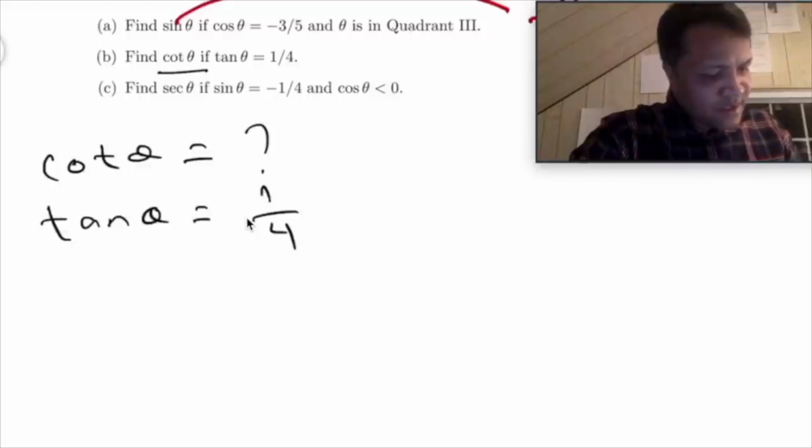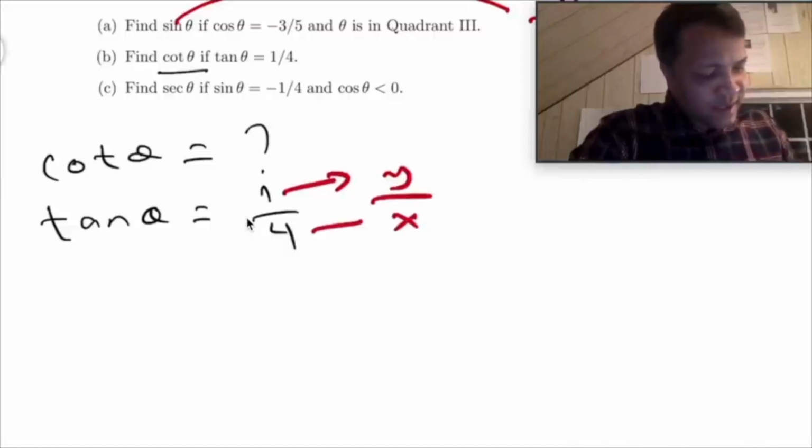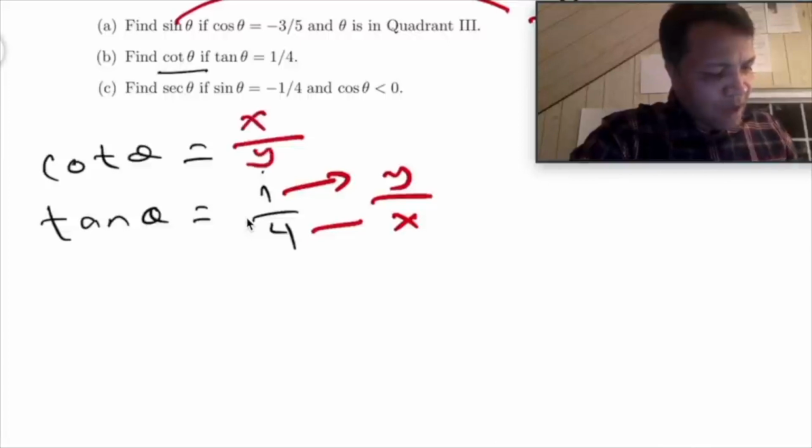Remember, tangent theta is y over x, and cotangent theta is x over y. So you're just going to have to flip it.